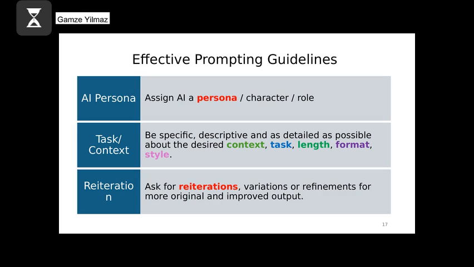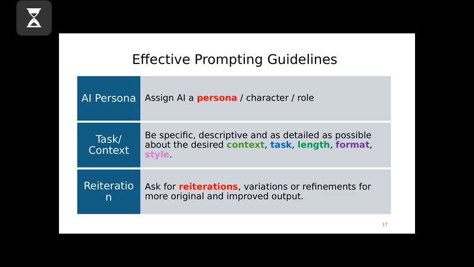The second important tip is you want to be very specific, descriptive, and as detailed as possible about the context, task, length, format, and style of the output. So, what does it mean? Let's continue with this environmental communication campaign project.